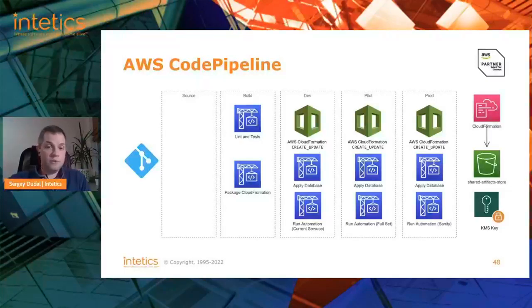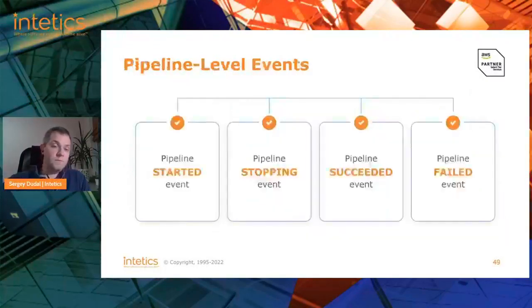So what can we do for all of these cases? For all of them, we can use CodePipeline events. There are 4 of them: pipeline started, pipeline stopped, pipeline succeeded, and pipeline failed. We can subscribe to these events, and in a simple case, we can send an email notification, for example, when deployment to production succeeded, or we can send a notification when deployment to pilot failed.